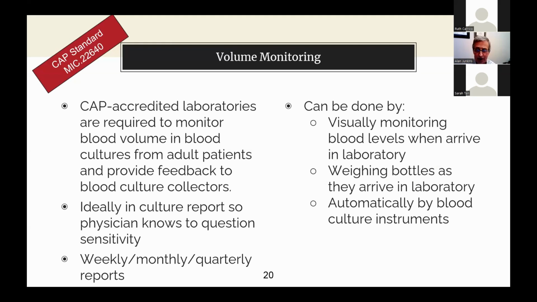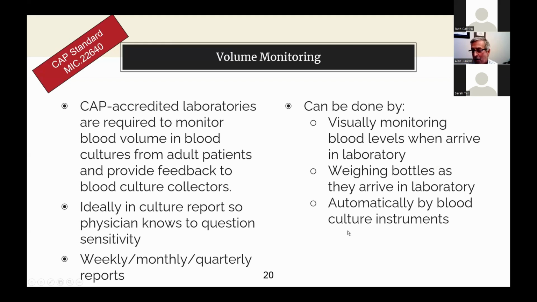The staff's just not going to do it. Some places will weigh the bottles as they come in, and if it's too light, that means you didn't put in enough blood. The problem with both the visual and the weighing is that they're not very precise at all. You're going to have to be really low before we'll be able to tell you that you're low.